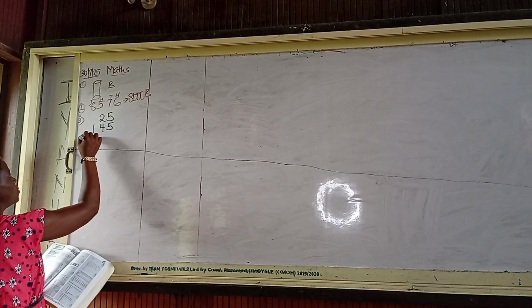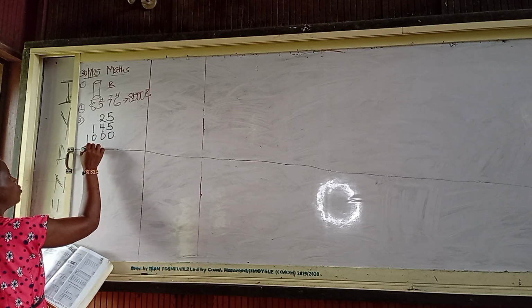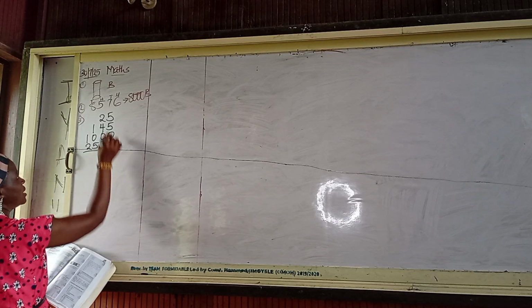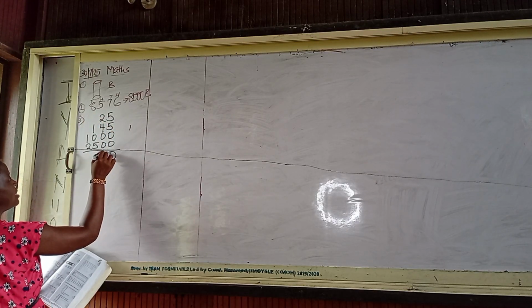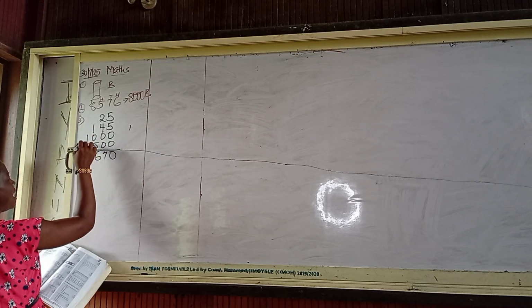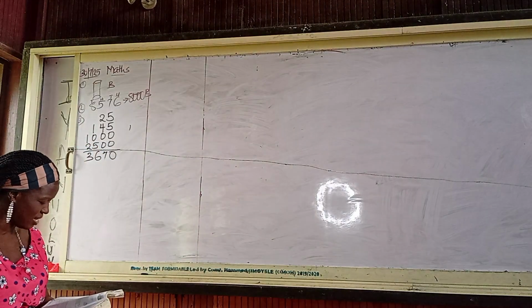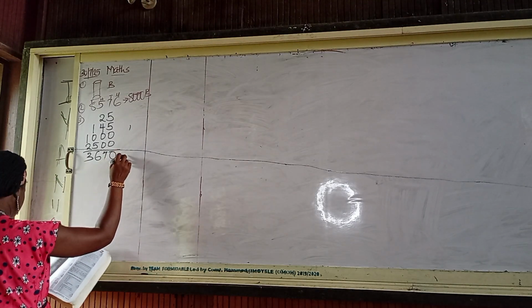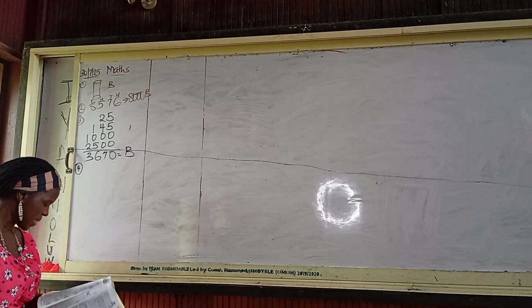We have 1000. You have to place your figures well. And we have 2005. This gives us 10. We are holding 1. This is 6, 7. This is 6, and this is 3. So that is 3670. Our n there is what? B.